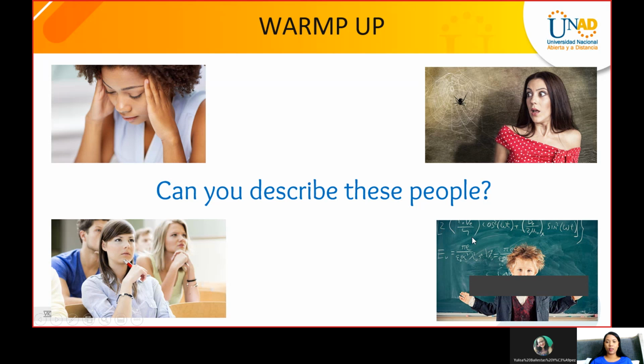Okay, good. Now the last picture is a little boy. You see? Yes. Behind him there's a blackboard with lots of math formulas, right? So what can you say about this little boy? I think he's worried or confused, but he's happy.